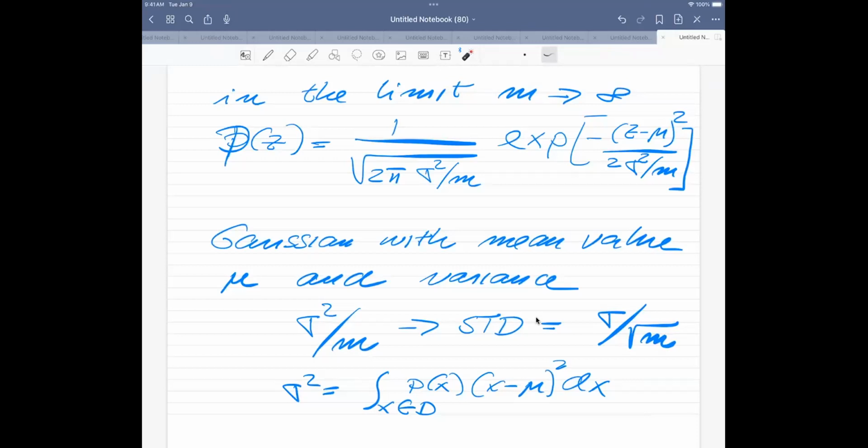And feel free to play around with this. You can replace the Gaussian distribution with a Poisson distribution, or any other distribution where the observations are assumed to be independent and identically distributed. And then your distribution will always approach a Gaussian in the limit of many, many measurements.